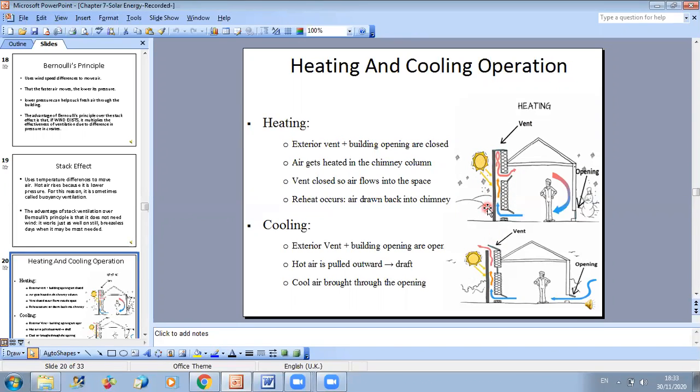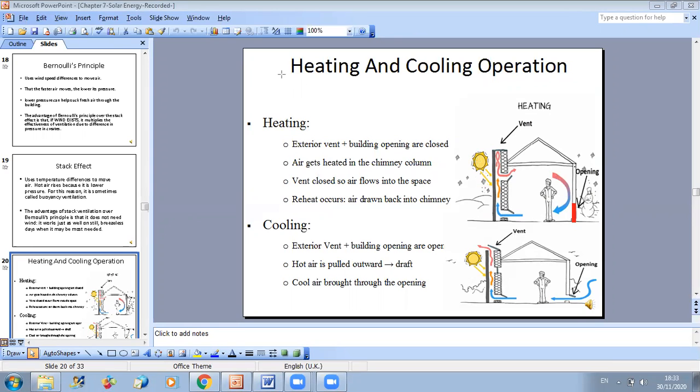So during winter, what we do is we close openings. All openings like doors and windows will be closed, and we open only the inner vents of our facade. These two are opened, as you can see, the lower and the upper one. Then air will circulate from the room.